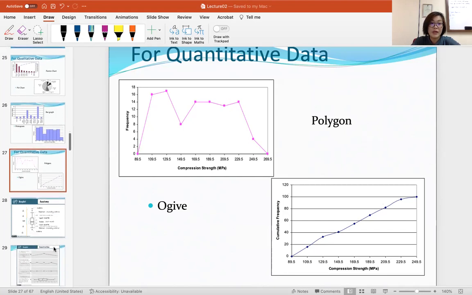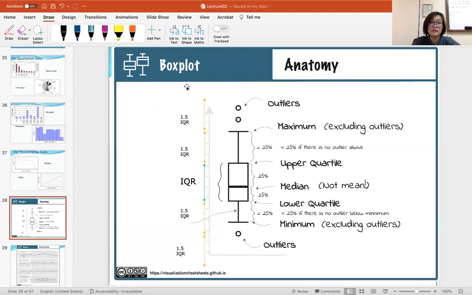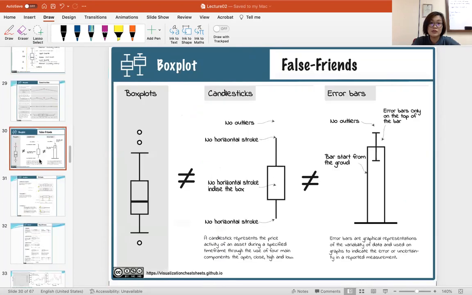Okay. And another one that I would like to introduce to you is box plot. Probably it is a bit new for all of you. Box plot, if you look at it, is quite similar to the bar chart, but it's actually not. The difference is the bar has the standard deviation, whereas for the box plot, we have the first quartile and the third quartile.